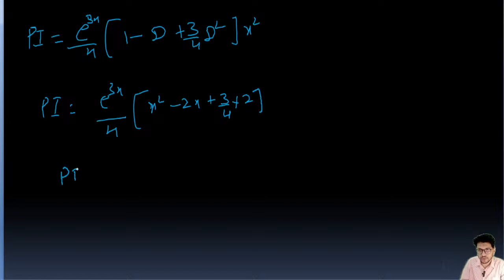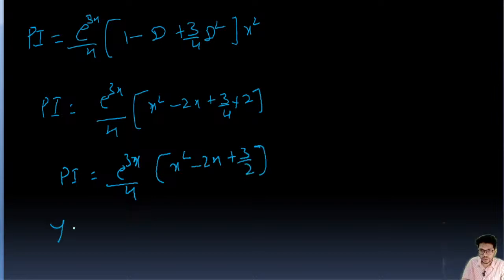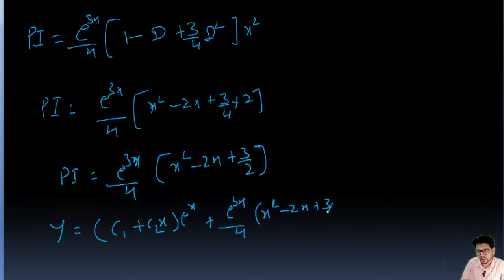So PI is going to be e to the power 3x by 4 into x square minus 2x plus 3 by 2. Okay, so the solution is going to be CF plus PI. So CF is the complementary function, this is c1 plus c2 x e to the power x, plus e to the power 3x by 4 into x square minus 2x plus 3 by 2. Okay, so this is the answer.